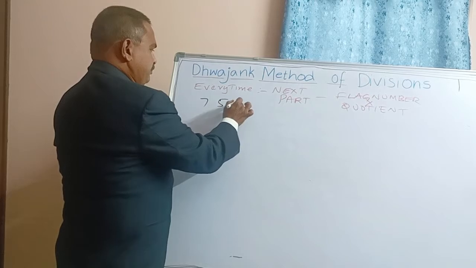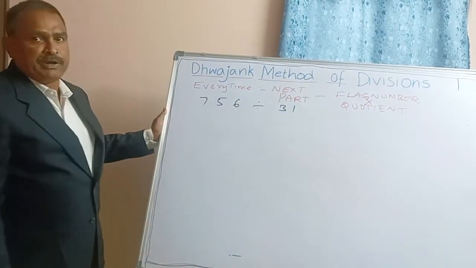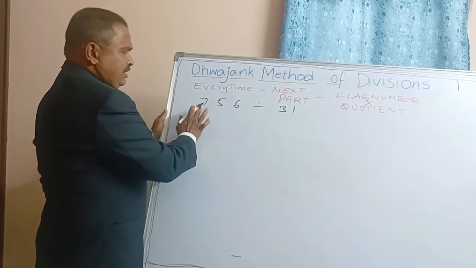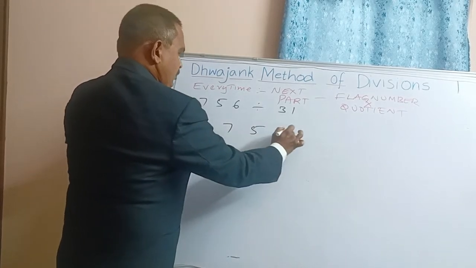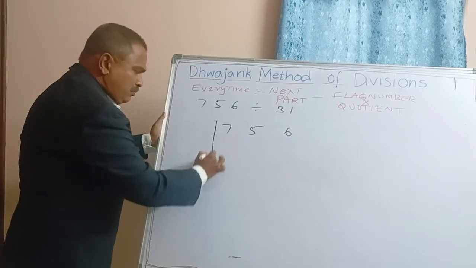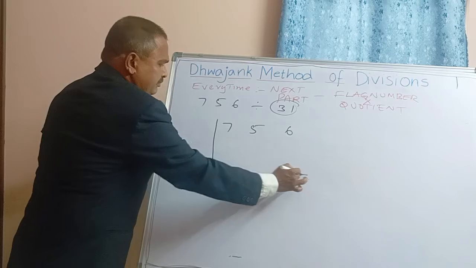First example, 756 divided by 31. Now let us see how to do it. Write 756 like this. Now we are dividing by 31.